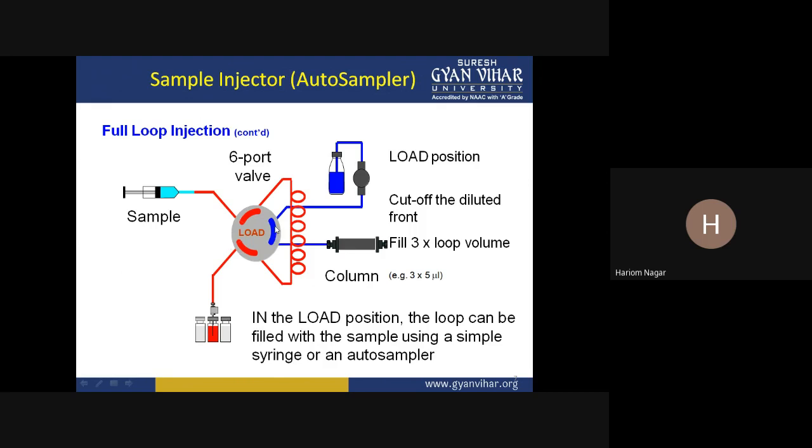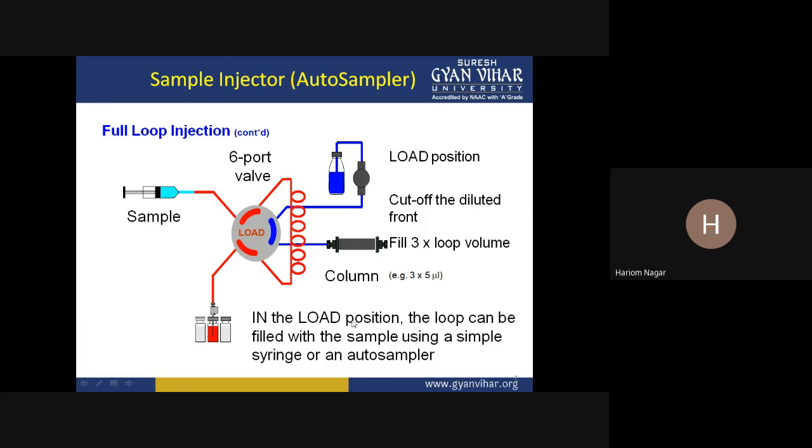I mean, this is the load position, and cut off the diluted front here, and fill 3 multiplied by the loop volume here. So whatever the loop volume is, we fill the sample by multiplication, meaning 3 times more, right?